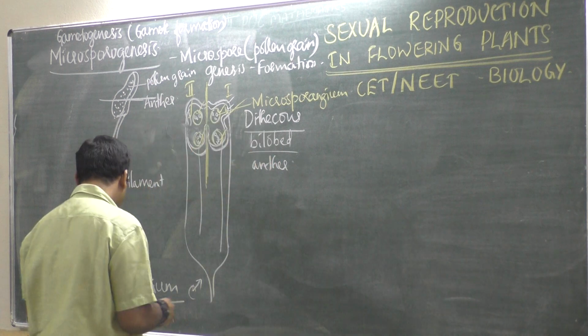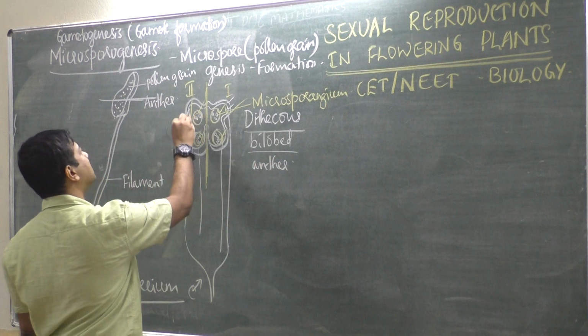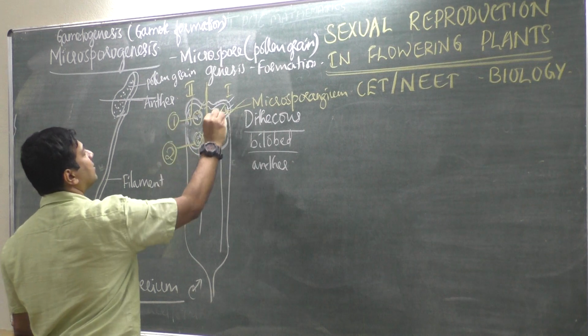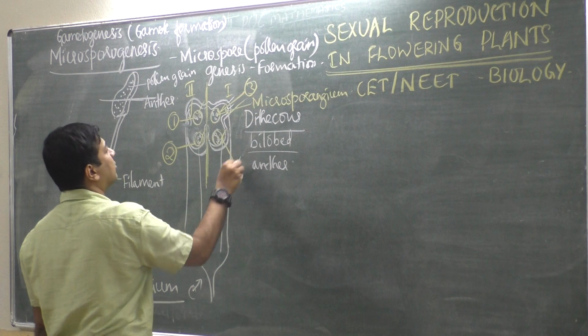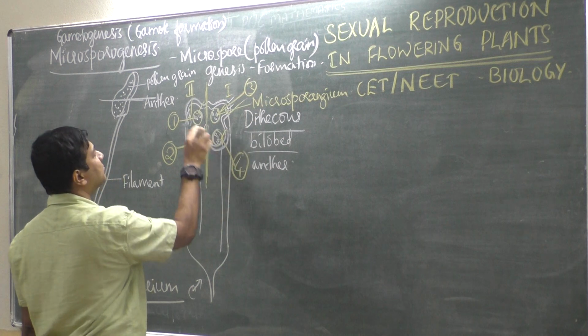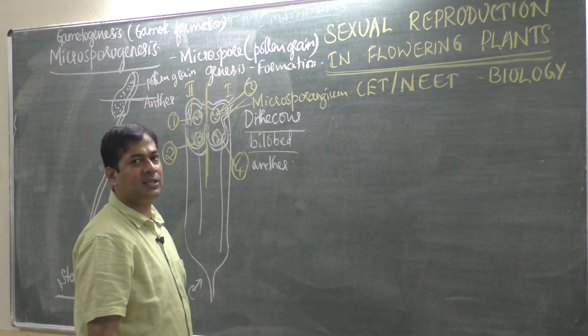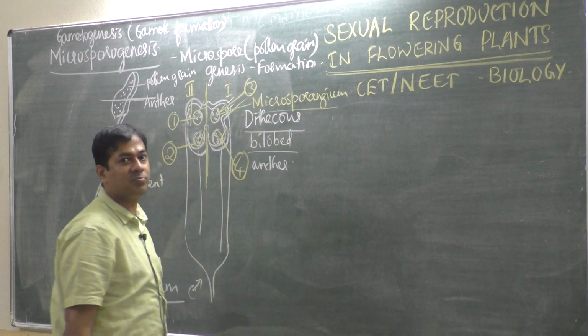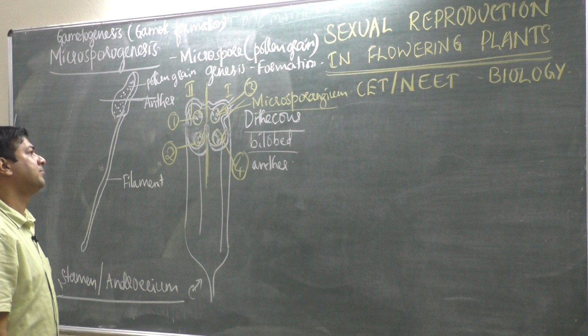There are four bag-like structures: this is 1, 2, 3, and 4. So four microsporangia are there.